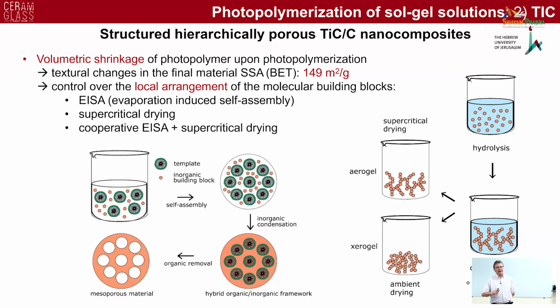And in this way, you avoid the capillary tensions that would lead to cracking of the gel and densification. And therefore, you obtain a highly porous material after this supercritical drying.